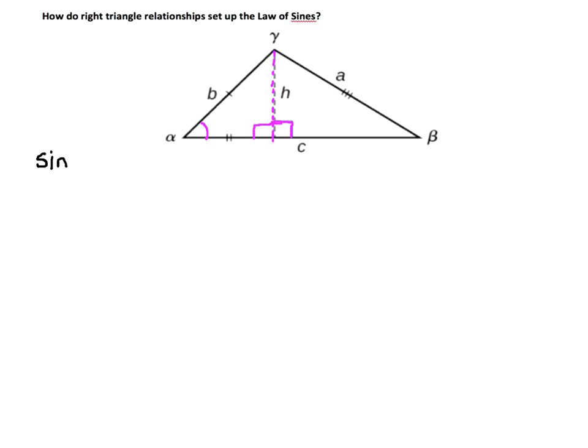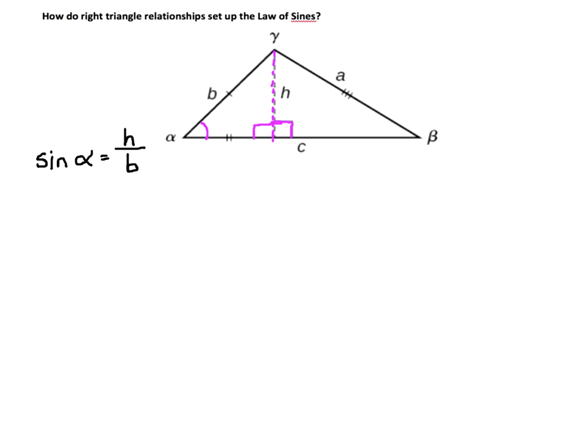The sine of any angle, and we'll call it alpha there, is equal to its opposite over its hypotenuse. So in this particular right triangle to the left, that's going to be side H, which is the height of my oblique triangle, divided by side B. So that's opposite over hypotenuse for that particular triangle to the left.